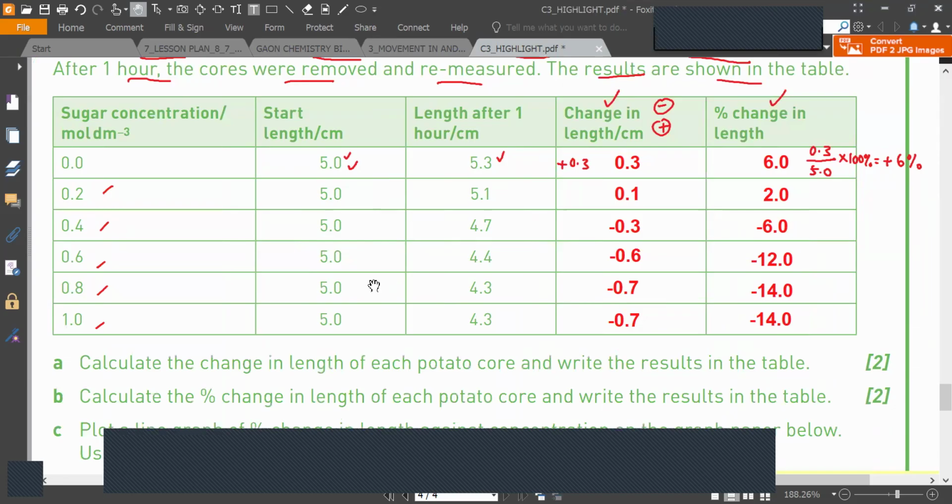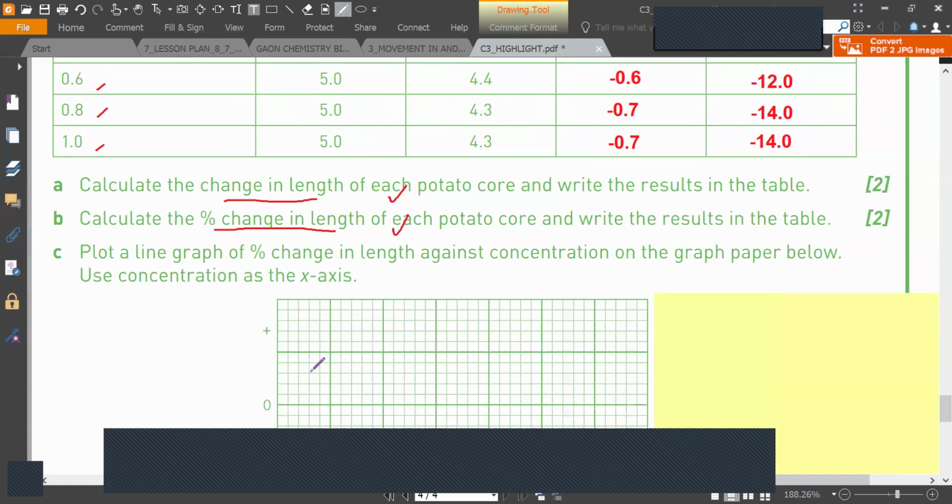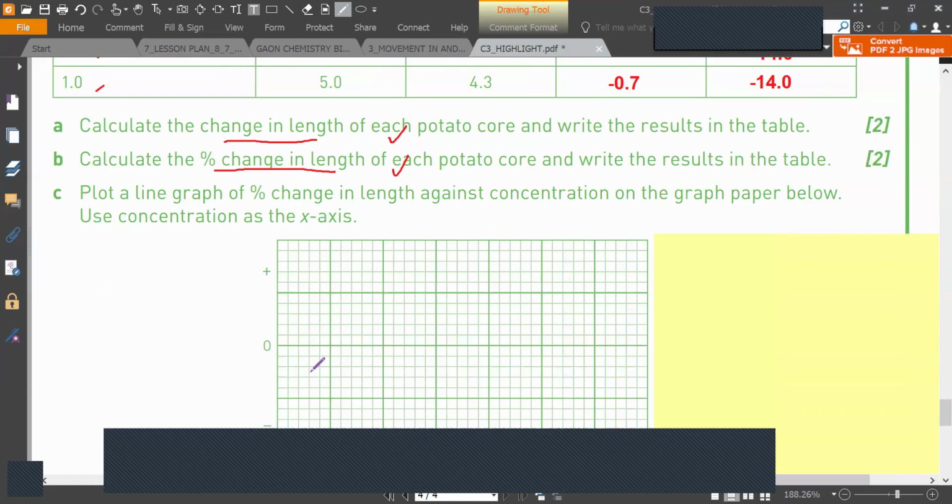So next part, we already done A and B, percentage change in length. So now we will be plotting a line. We need to see carefully what they want us to plot: percentage change in length and concentration.